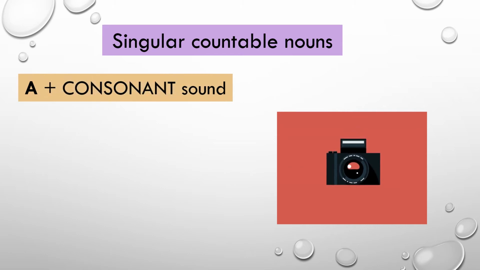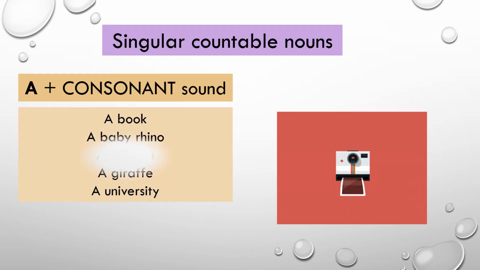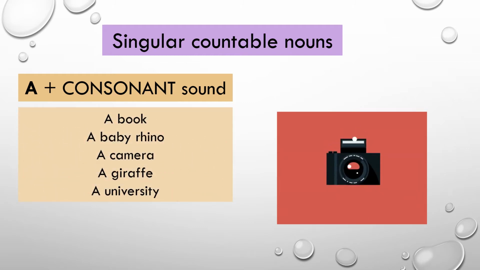A is used when the next word starts with a consonant sound. A digunakan apabila perkataan selepasnya ialah menggunakan bunyi konsonant. Contohnya, a book, a baby rhino, a camera, a giraffe, a university.